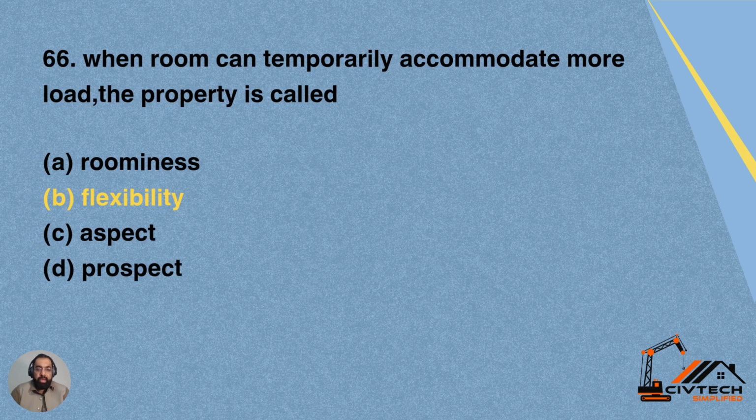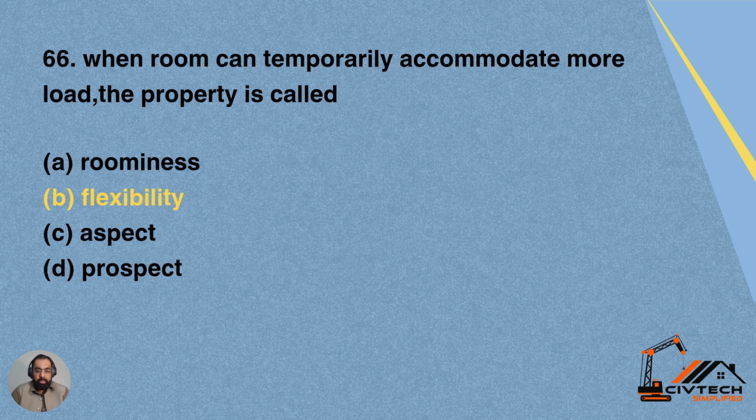Then we have question 66. When a room can temporarily accommodate more load, this property is called number A, roominance, number B, flexibility, C, aspect, number D, prospect.